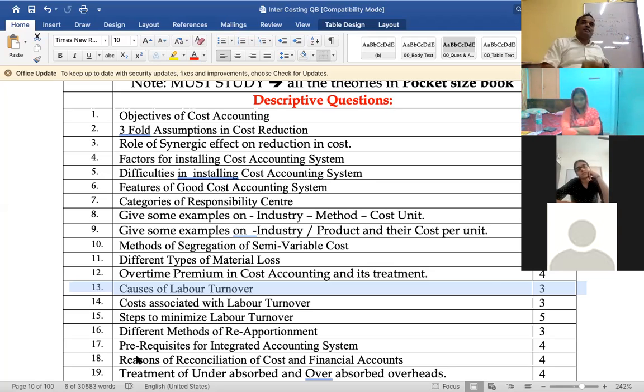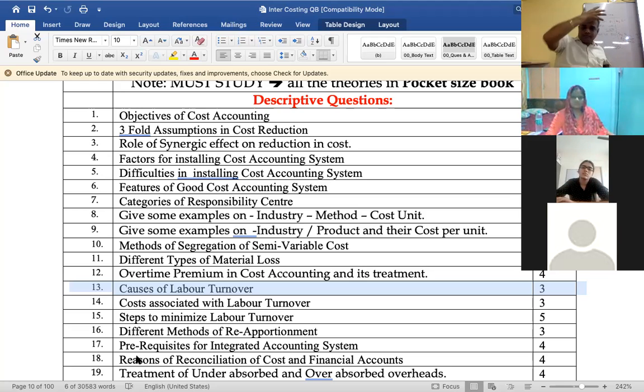Then, what could be the reasons for labor turnover? Causes of labor turnover, nothing but reasons for labor turnover. What reasons are there? Personal reasons. Next, work pressure. Next, poor salary. Next, overtime. Next, seasonal nature. Next, minimal leave, sir.